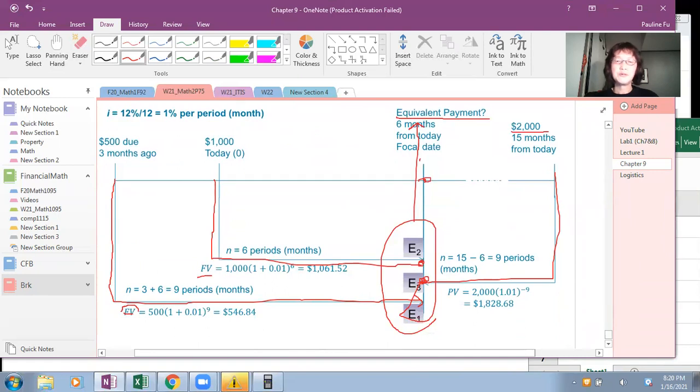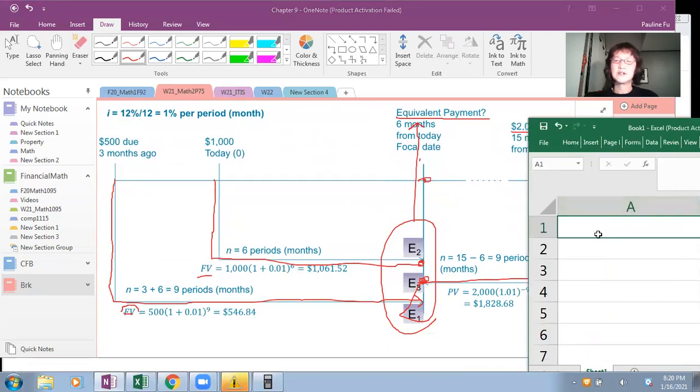So E1 is the future value of $500. 12% divided by 12. NPER: 3 months ago, then 6 months later, there are 9 months for E1. From here to here, 9 months. So type in 9. PMT is 0. Present value negative 500. So this is E1.